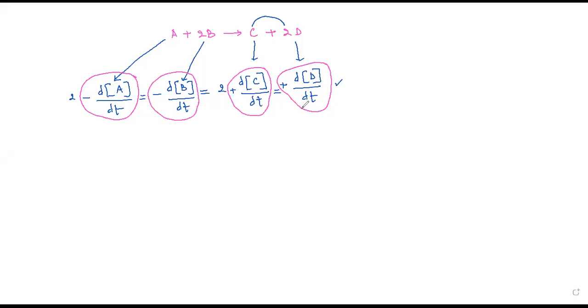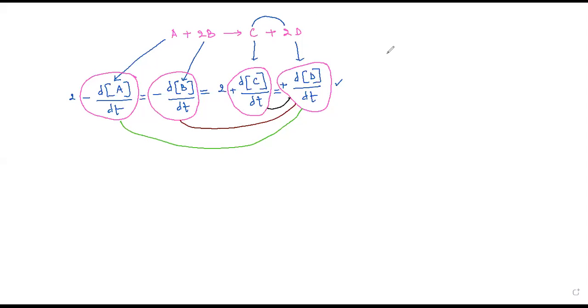Rate of appearance of D, this one is 2 times of what? The rate of disappearance of A. Fine. Next. Rate of appearance of D is equal to the rate of disappearance of B. Fine. Rate of appearance of D is 2 times of the rate of appearance of C.